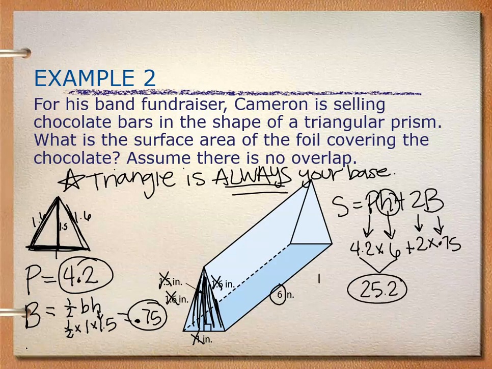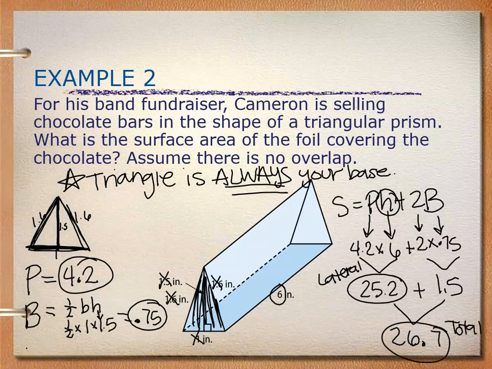So this first part right here is your lateral surface area. Then I'm going to add the other part. So this part right here is 1.5. And then together is your total surface area. So 26.7. This is my total surface area.